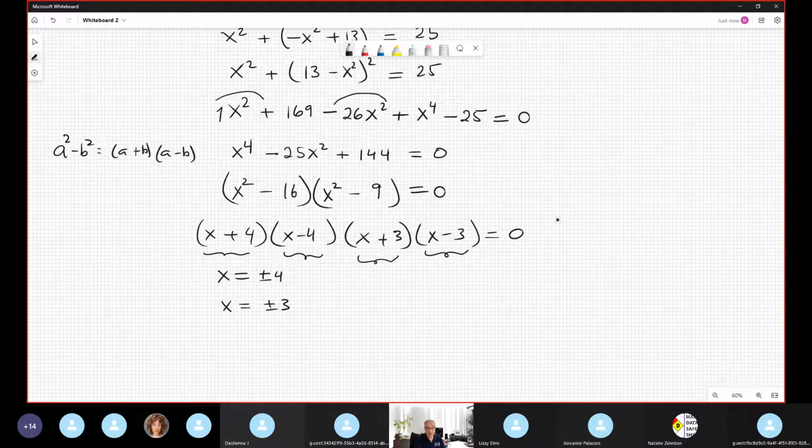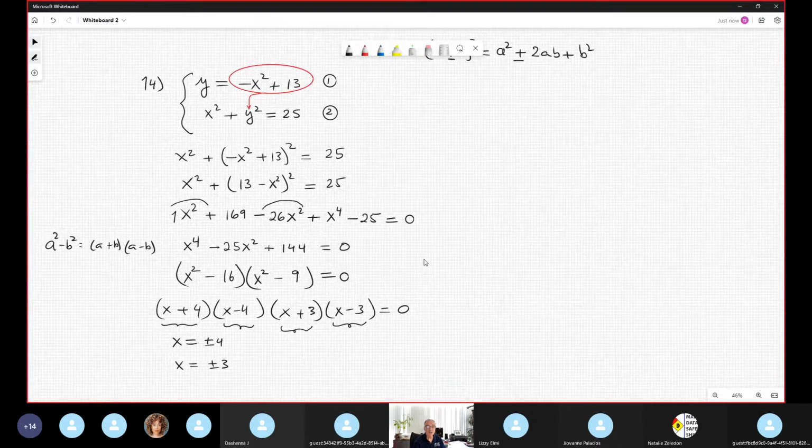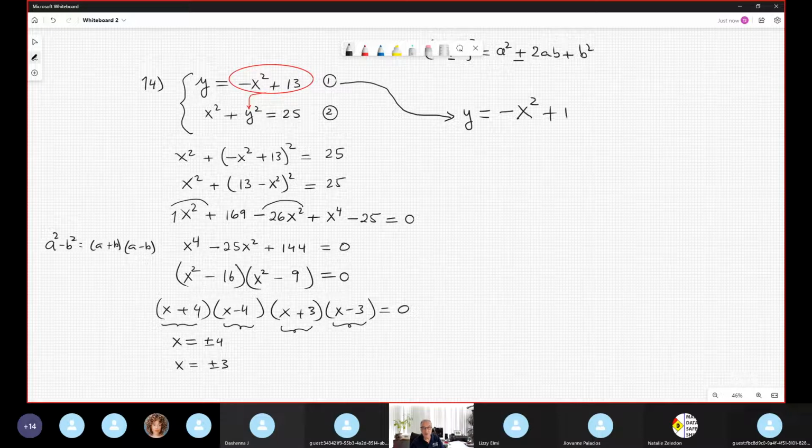Okay, actually we have 4 solutions. How do you find the solution? Well, to find the y, I take obviously equation number 1, because in this equation the y is totally isolated, and use substitution 1 by 1. Oh no, 2 by 2 in this case, because of the double sign.